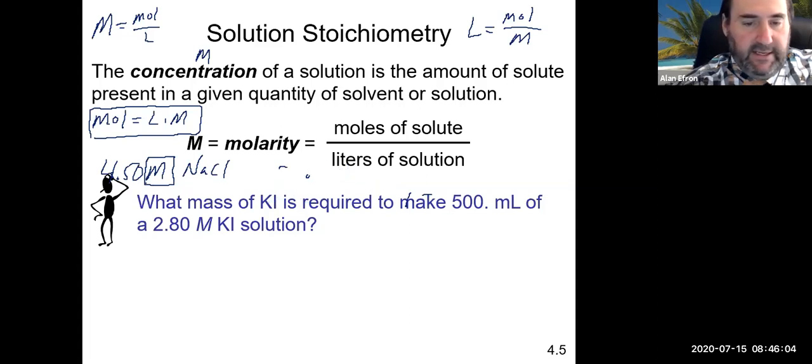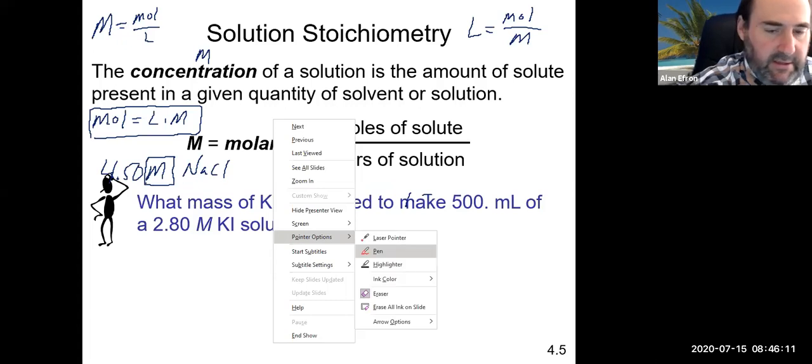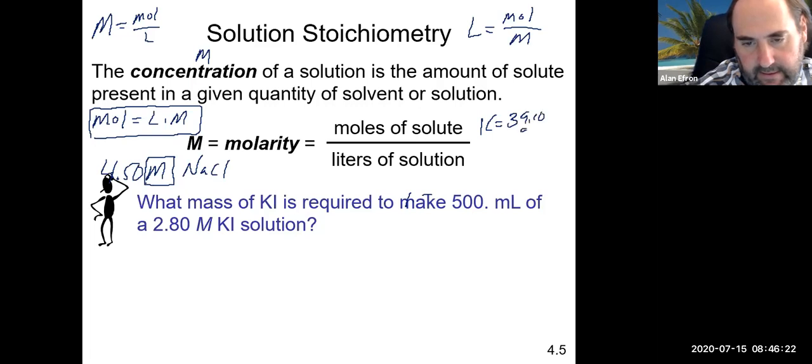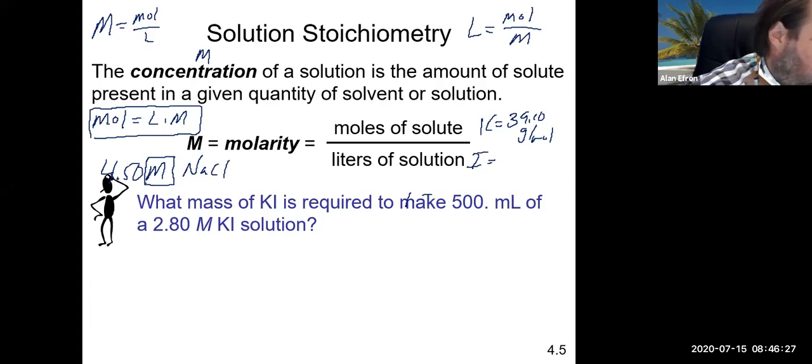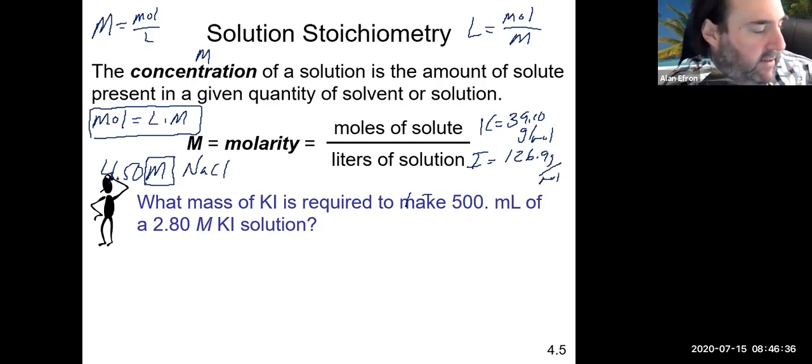All right, so take a second or two to see what you come up with, and then we'll talk about it. I'll give you some information. Potassium is 39.10. Iodide is 126.9. All right, take a moment and see what you come up with, and we'll talk about it.